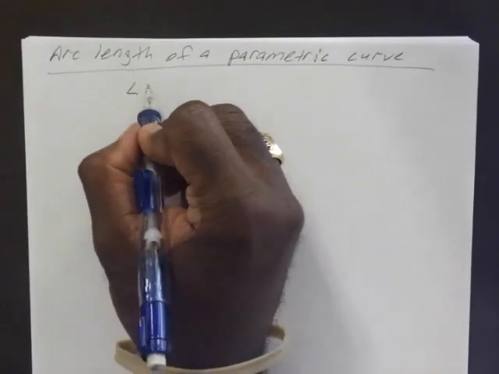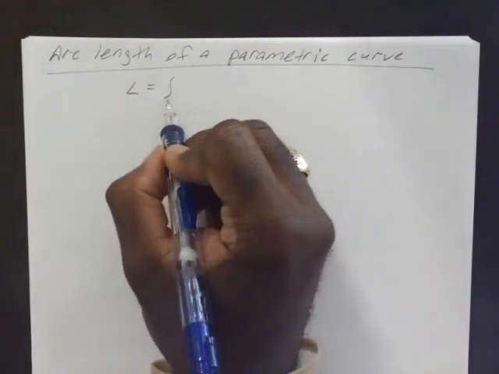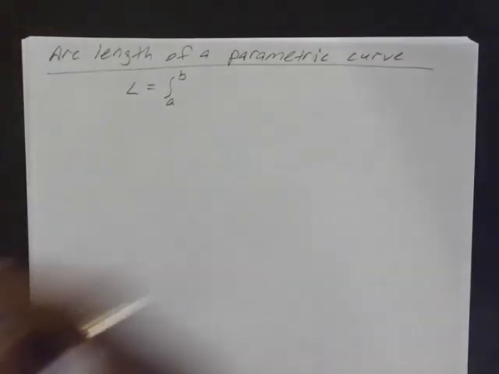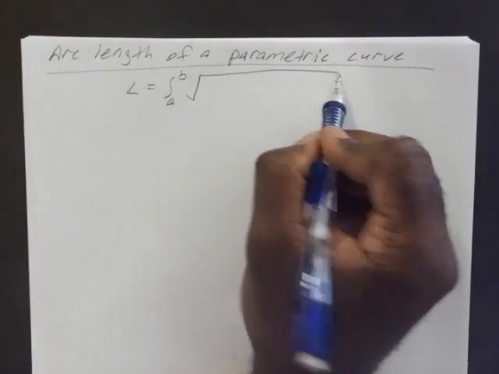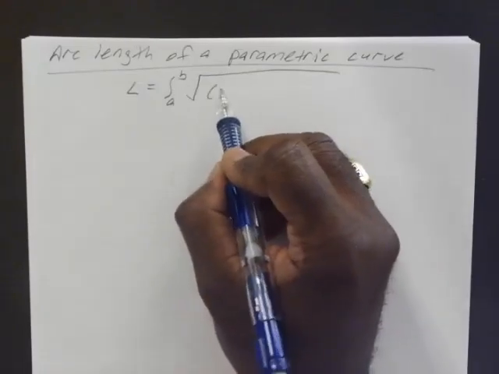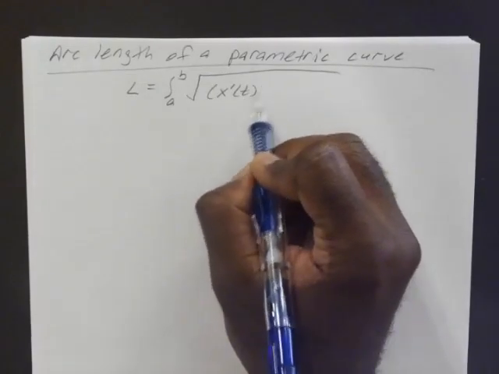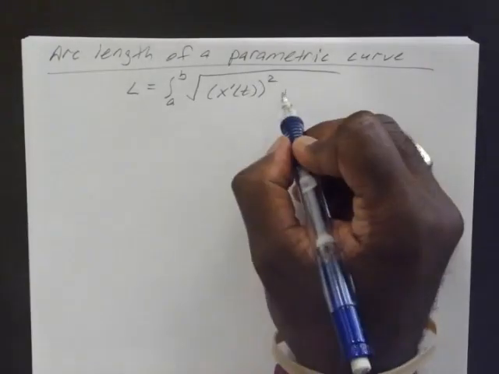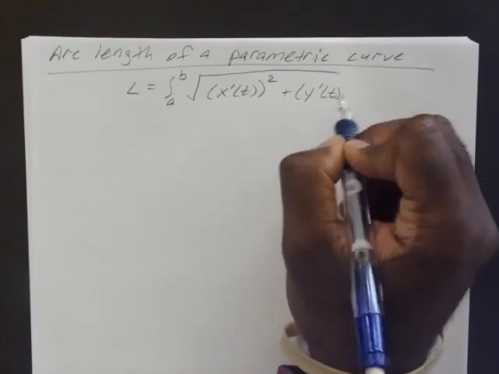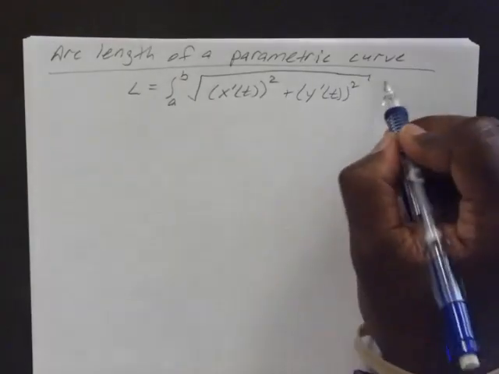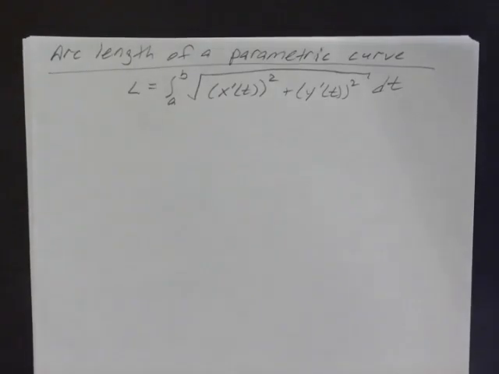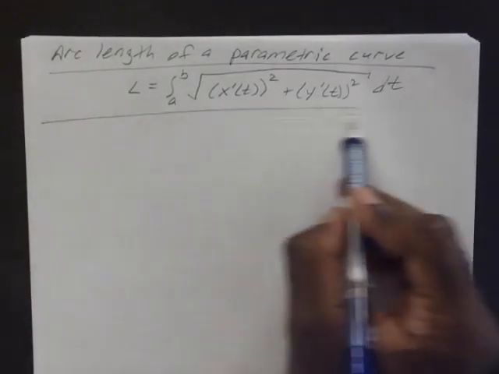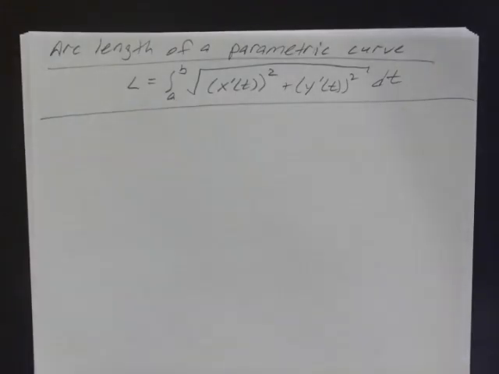So that arc length that we will call L is equal to the integral from a to b of the square root of x prime of t squared plus y prime of t squared with respect to t. And again, the proof is lengthy and not really necessary here, so we'll bypass the proof.